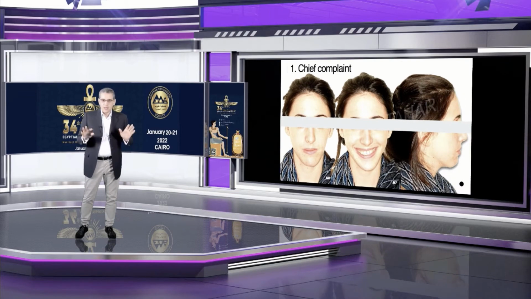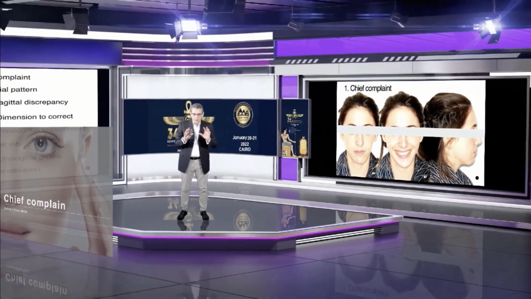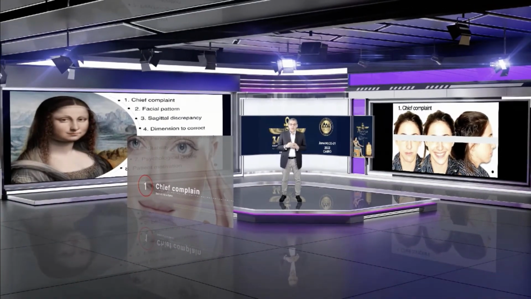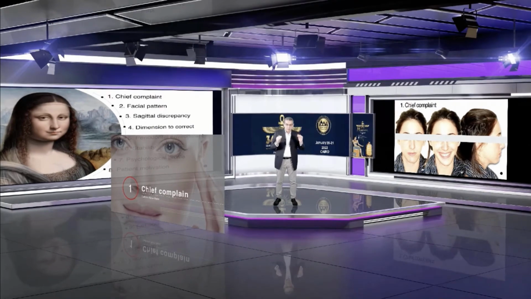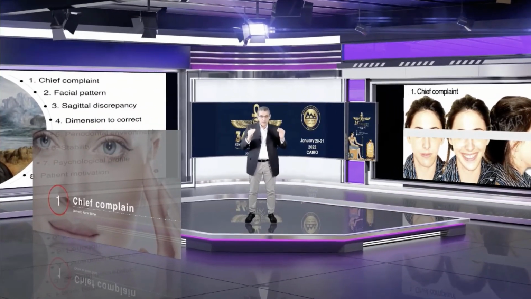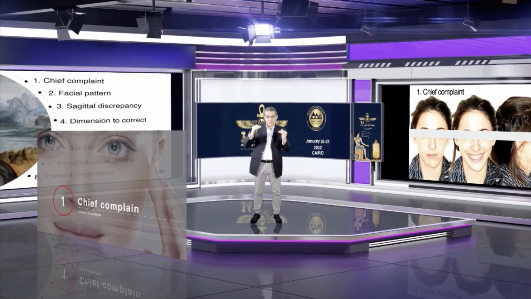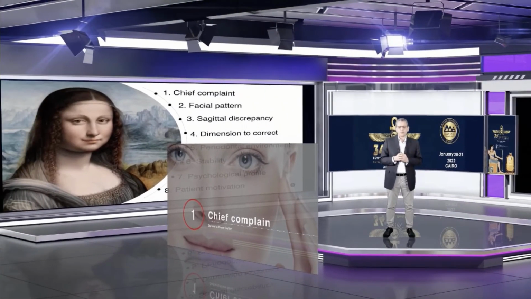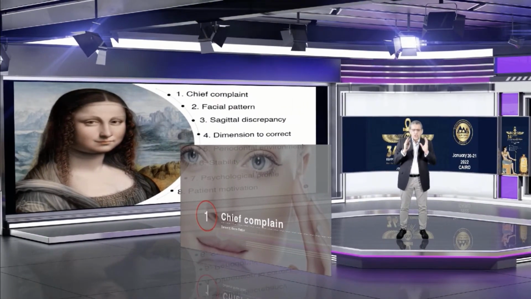So, the second situation is the severe skeletal discrepancy with an asymmetrical face. In this patient, she has a cant, but she doesn't want surgery. She asked me to do the correction of her facial aesthetic only with orthodontics.